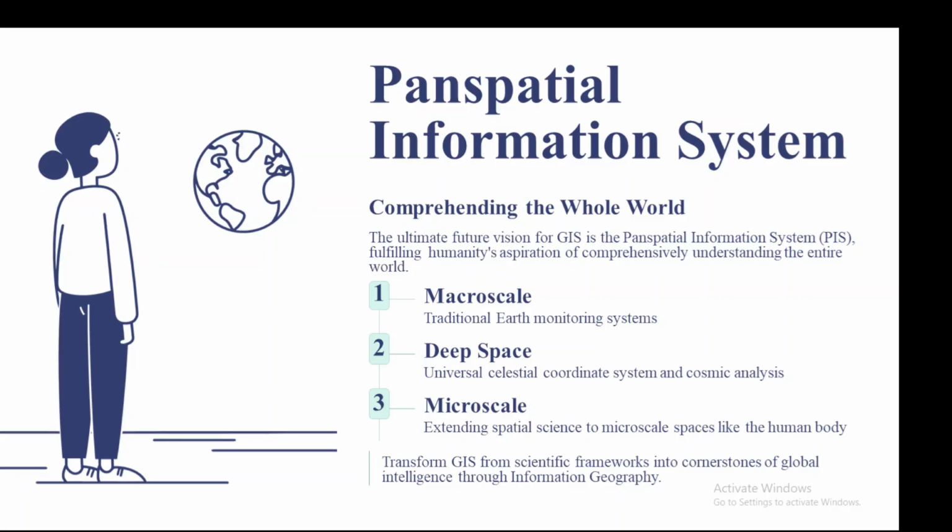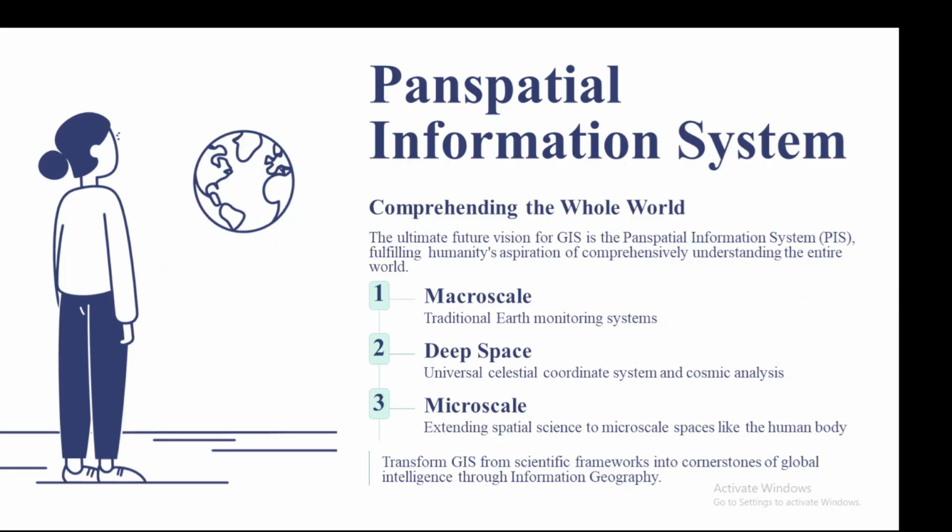So this pan spatial information system is a concept that seeks to build a unified framework that can handle data and also processes across all possible scales. These scales could be macro scale, deep space, or micro scale.